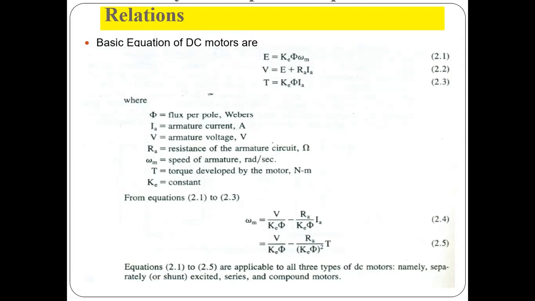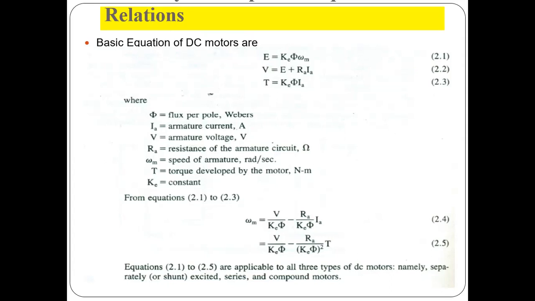Capital T means torque developed by the motor in Newton meter, and K_E is a constant. So these are the relations and terminologies associated with these three equations.